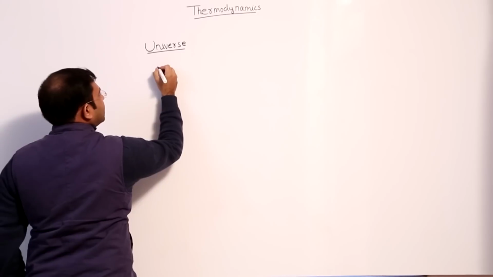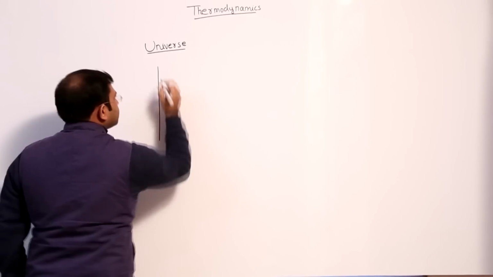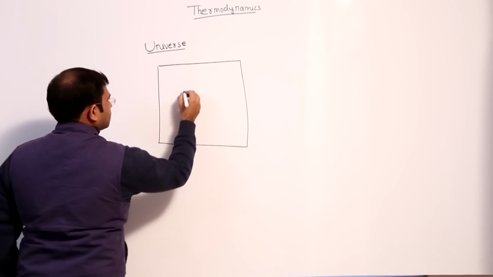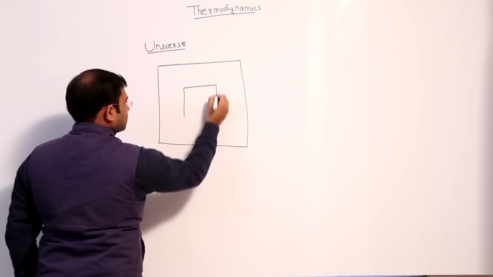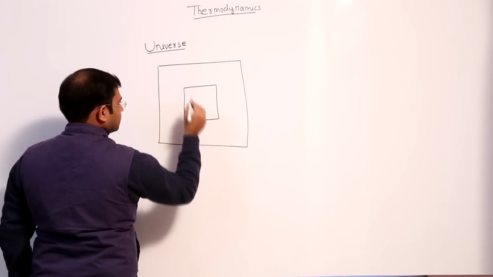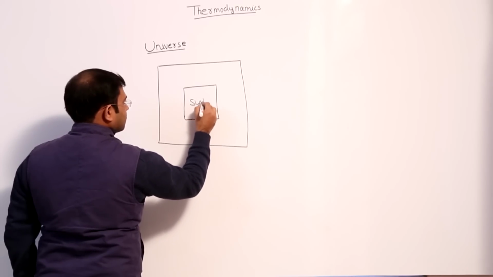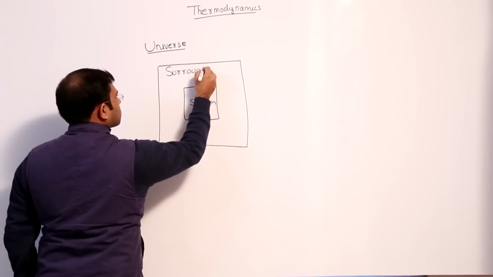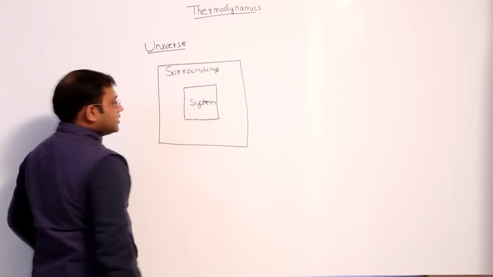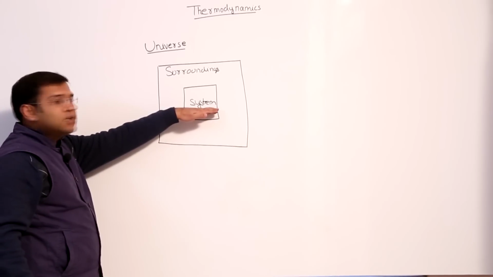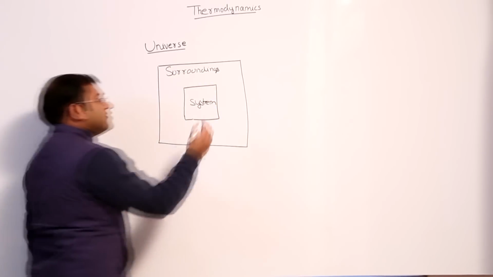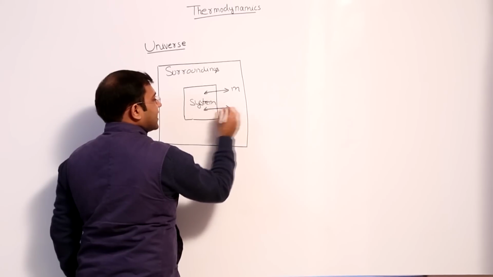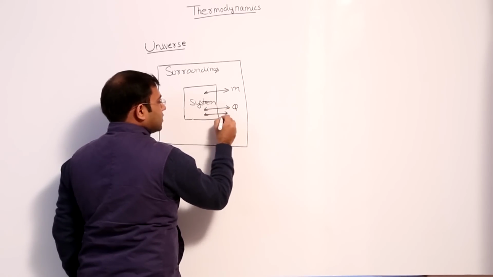Now come to the fourth definition, universe. This is our system and external to the system is our surrounding, and between system and surrounding there is interaction of mass, heat and work.